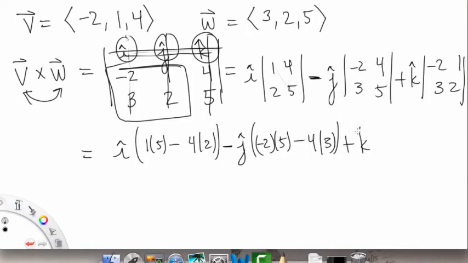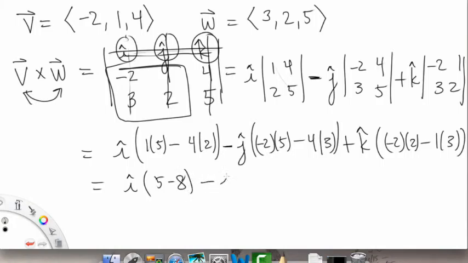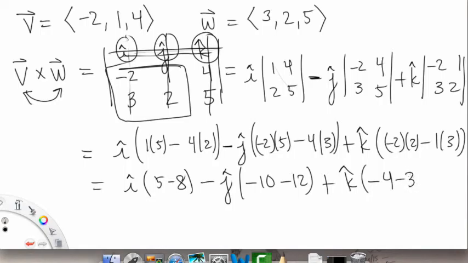And the last one's k hat times -2 times 2 minus 1 times 3. Okay? So if we simplify here, we get i hat times 5 minus 8 minus j hat times -10 minus 12. Okay? And plus k hat times -4 minus 3.